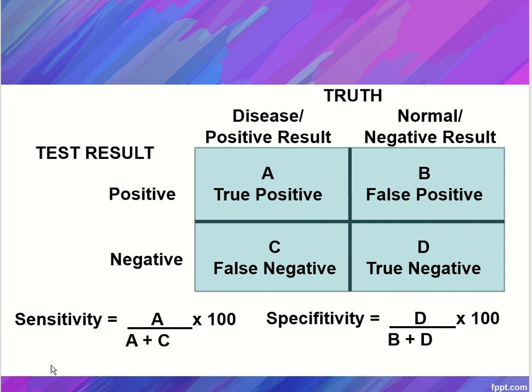So this is the calculation for sensitivity, and this is the calculation for specificity. The sensitivity is true positive divided by true positive plus false negative, and then multiply with 100 because the result is in percentage. Whereas the specificity, the true negative, you divide with false positive plus true negative and multiply with 100.